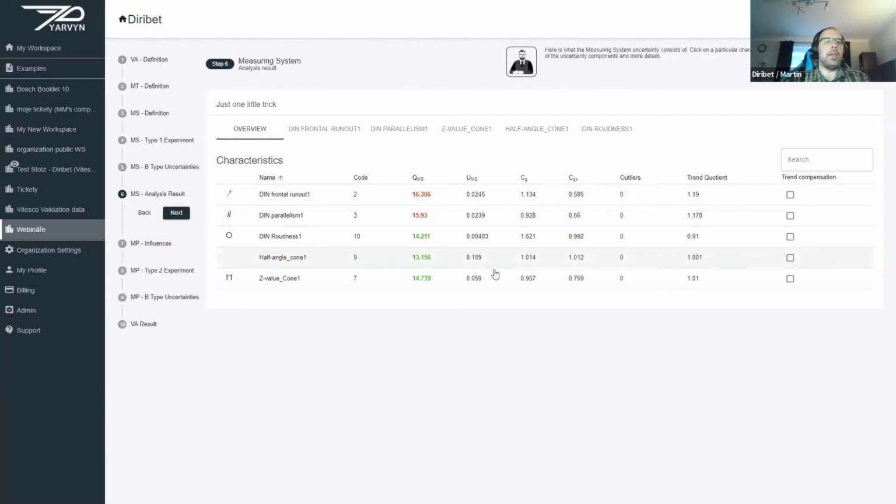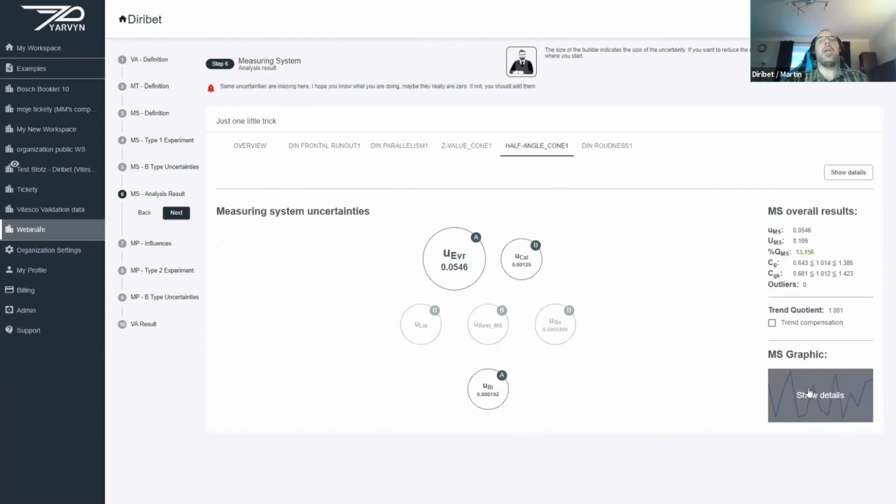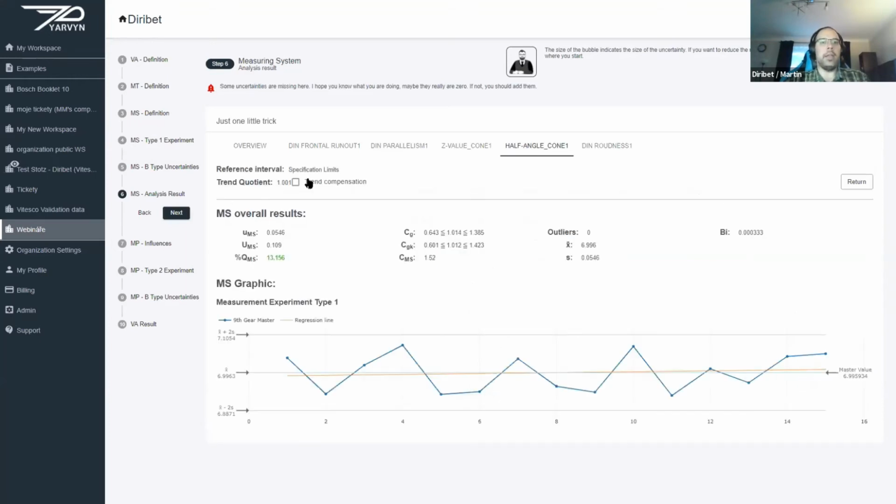Then we have those two, characteristic number 7 and 9. You can see that the trend quotient is basically equal to 1. That means that here are basically no trend at all.